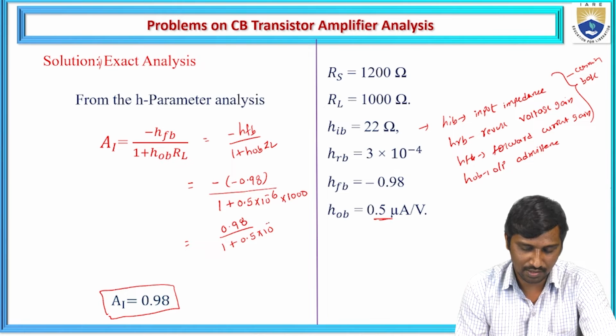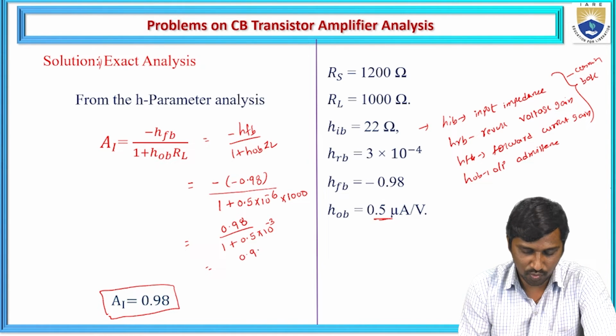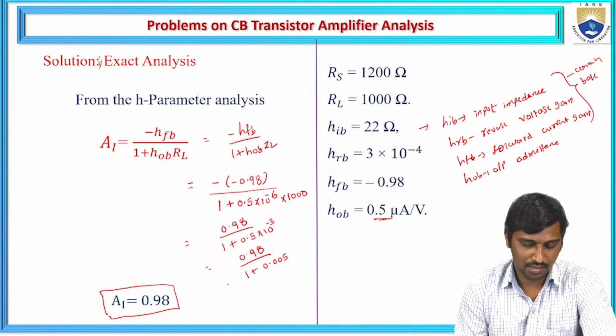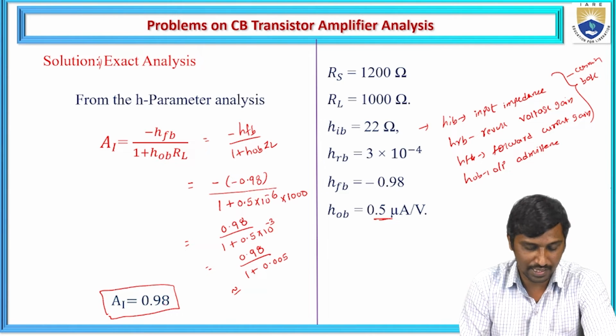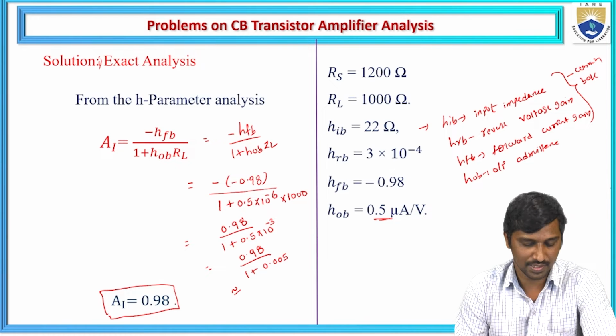Hence this is 10 to the power of minus 3, so 0.98 divided by 1 plus 0.0005. That is approximately equal to 0.98. So based on the given specifications, the current gain is 0.98.